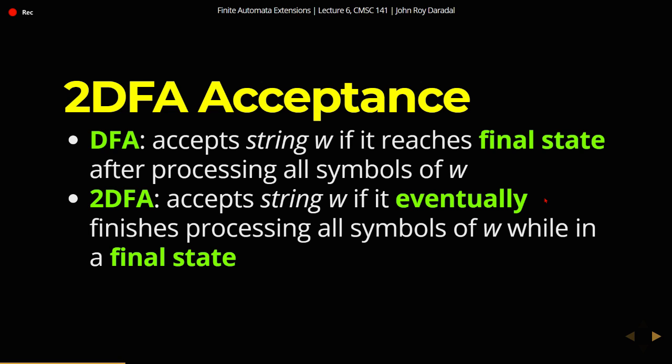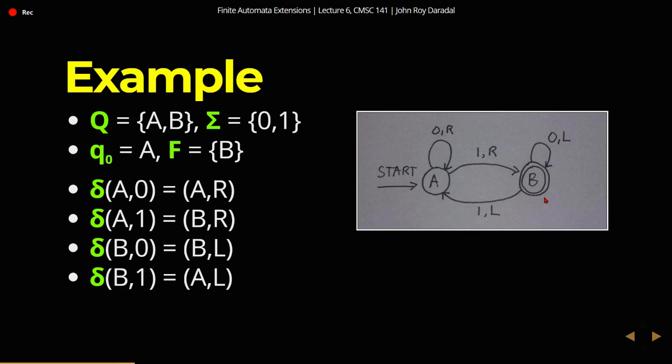But as long as you finish processing all symbols of the string eventually, and at the end you are in a final state, then you accept it. Okay. So if you finish processing the string but you're not in a final state, then you still don't accept it. Okay, so that is acceptance of 2DFA.